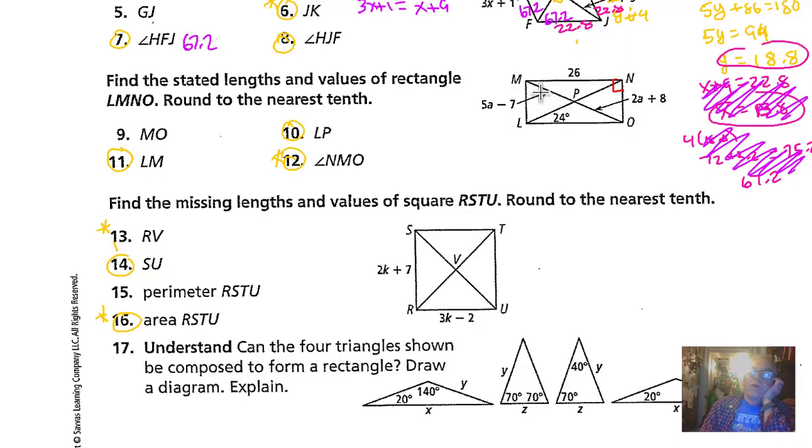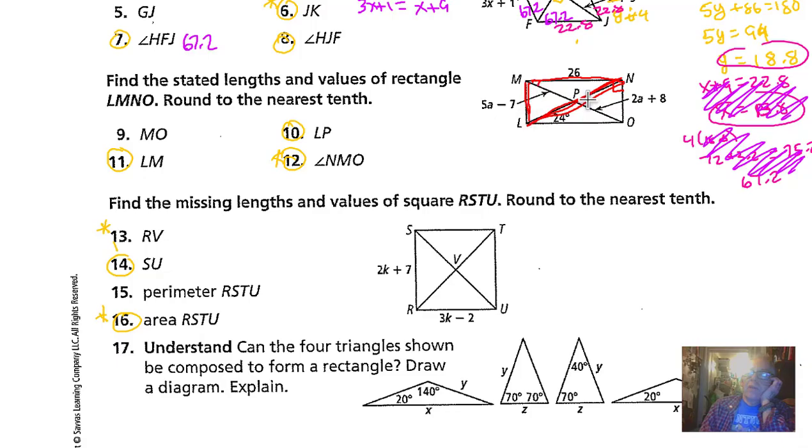Yeah, basically to figure out what this LM side is, we really need to deal with this right triangle. Which way do we want to go? Let's go this way. We can figure out what this MO length is by solving for A and plugging it in.